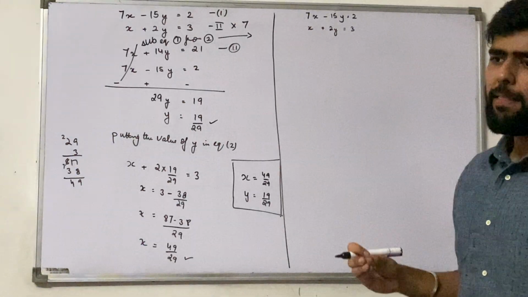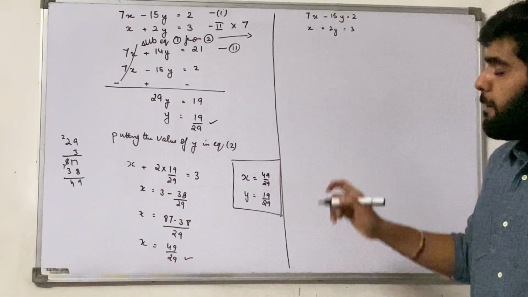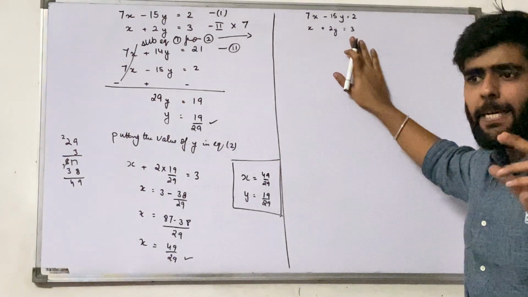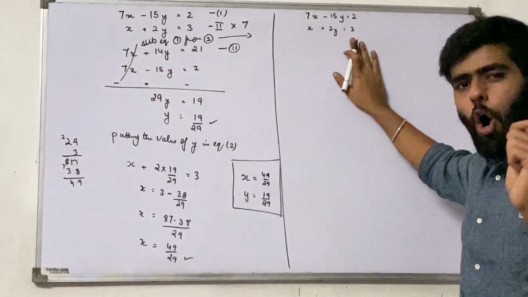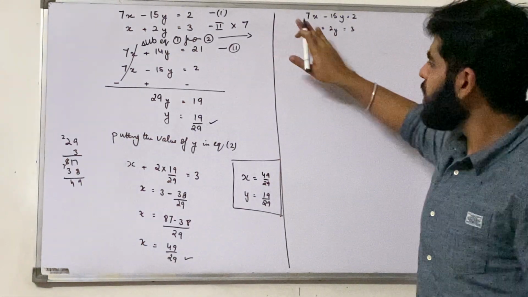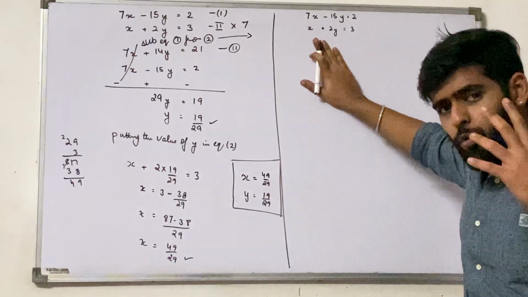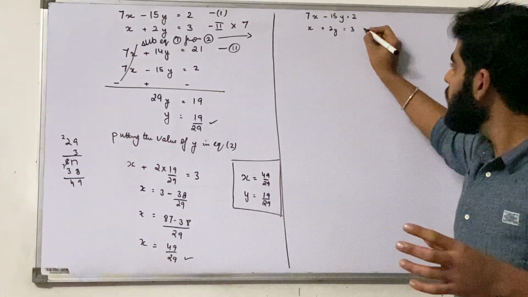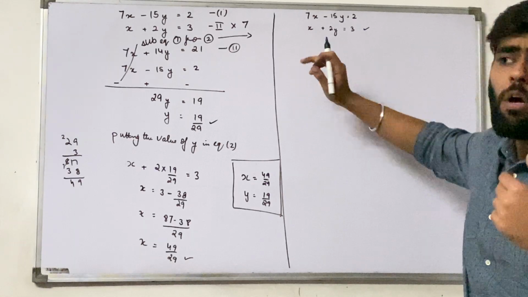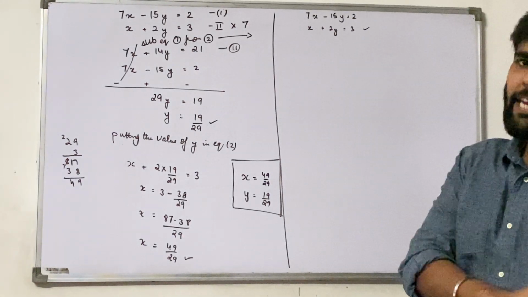In substitution method, we use one equation and we bring it down in terms of either x or y. In this pair of equations, it is easier to reduce the second equation in terms of x because it does not have any coefficient, so this will not create any denominator.